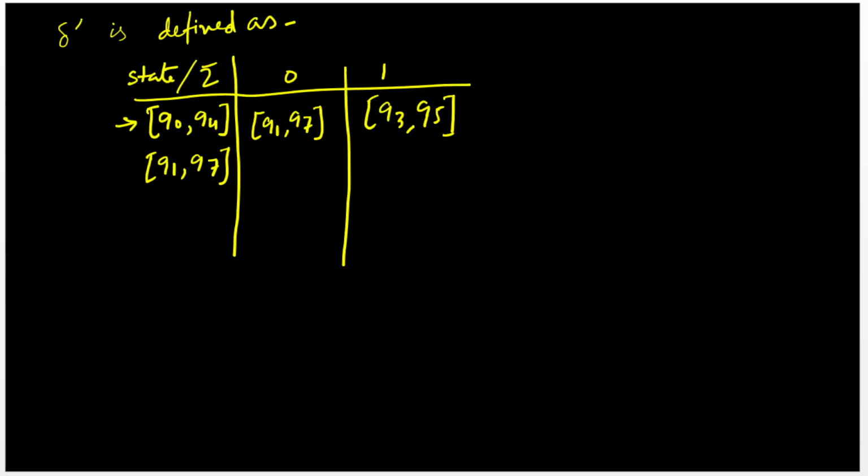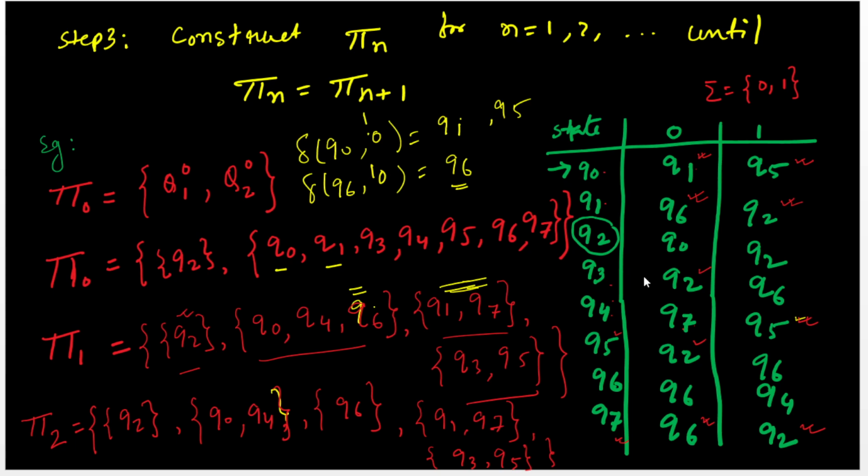So obviously it will be q6 and it will be q2. Now q2: by taking 0 it goes to q0, and by taking 1 it will be q2.